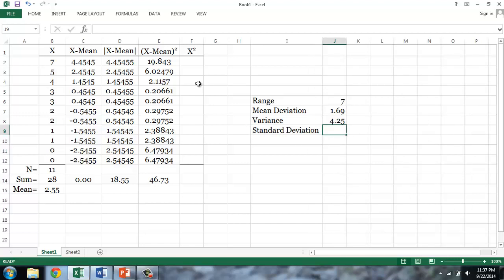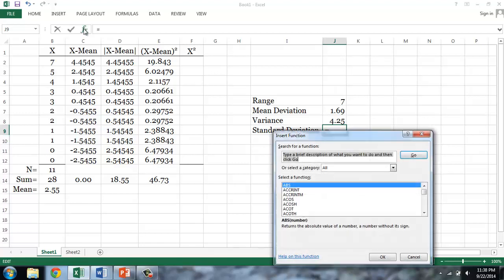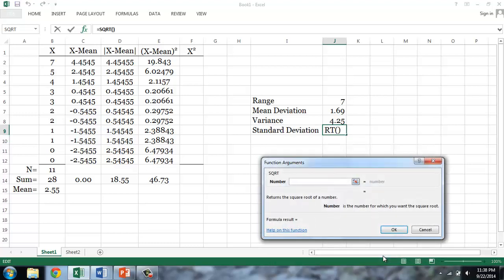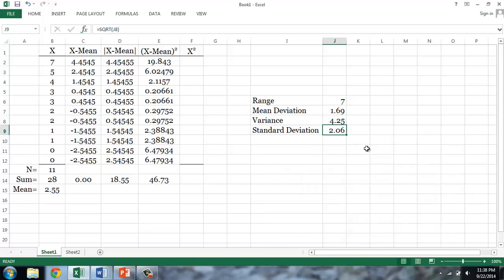In order to calculate a square root in Excel, we can use an Excel function. SQRT is the Excel function that returns the square root of a number. So I'll select the variance.